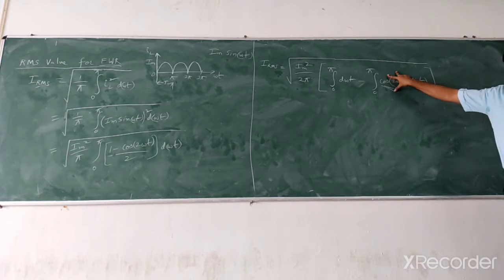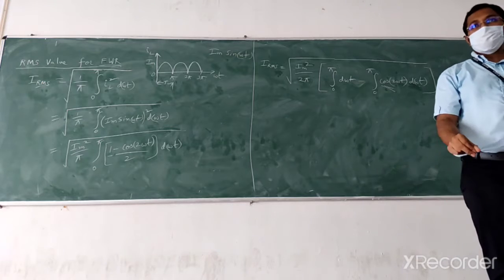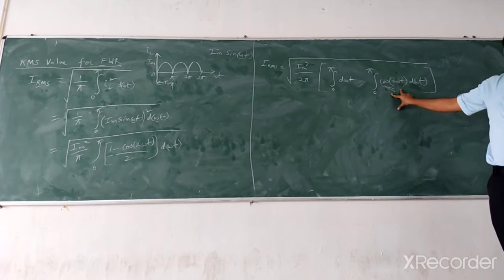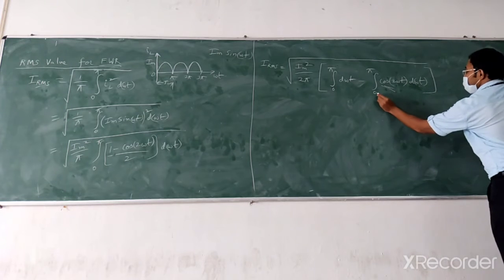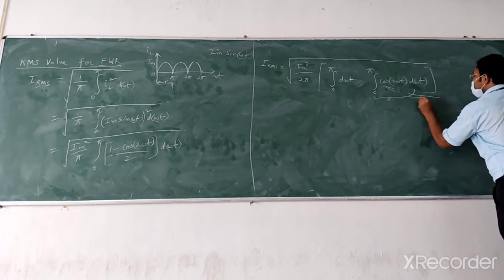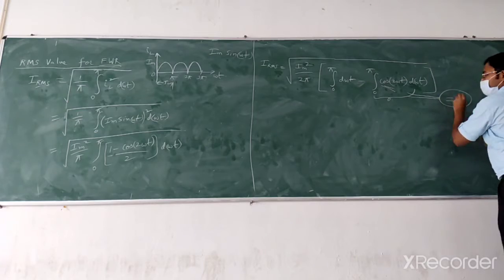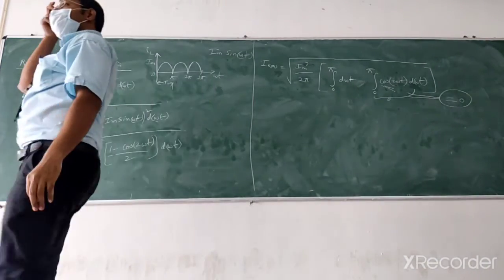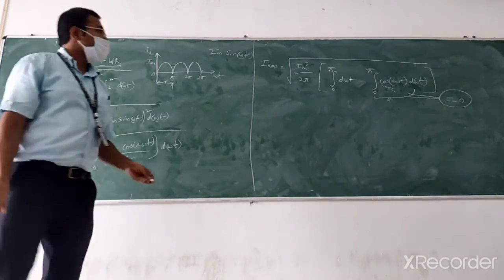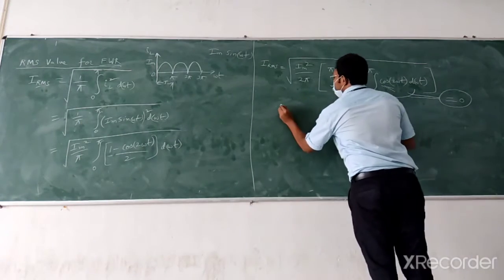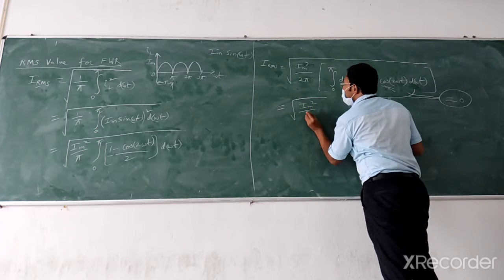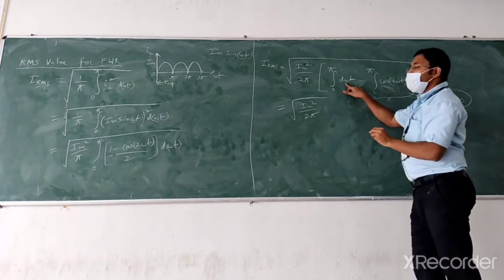If you want to solve, no problem, but we can clearly see that this will simply become equal to 0, similar to what we have seen earlier. Very similar steps here. So only this one we have to evaluate: Im square by 2 pi d omega t.